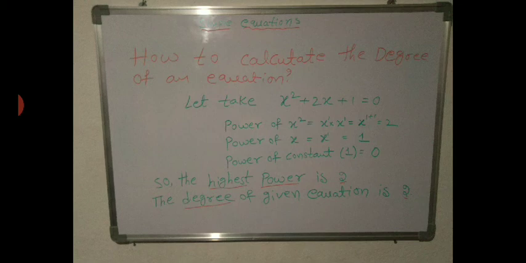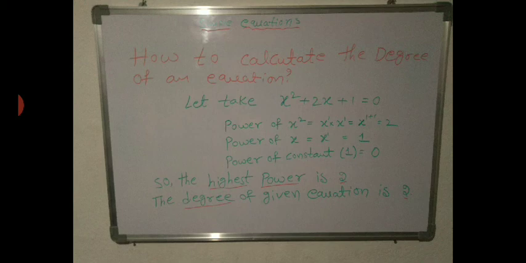The power of 2x is 1 only, as there is no other variable there. The power of a constant is always 0, because we can write 1 as x to the power of 0 into 1, so the value is 1 only.